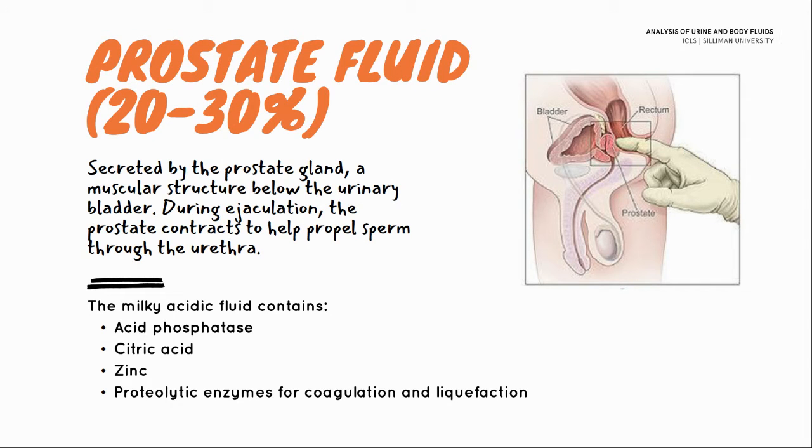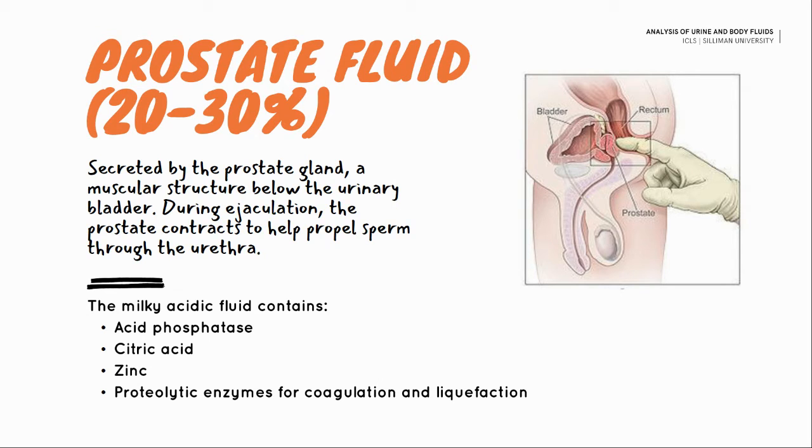Since it is very specific to the prostate, in terms of sensitive topics like rape cases, if ACP is present in the vaginal fluid or genitals of the female, it is an indication or can help confirm that the victim or patient was raped.